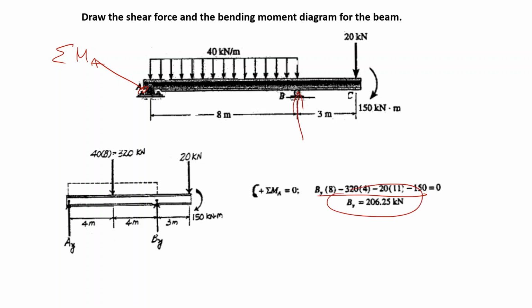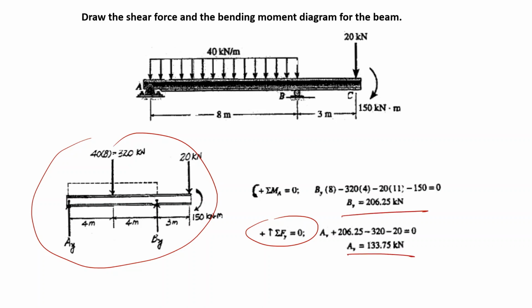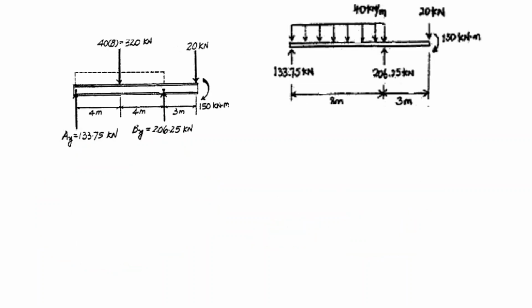So you do the calculation sigma Fy is equal to 0, then you find the AY value. Now we have everything, the external forces and the support forces, so we can draw our diagram.